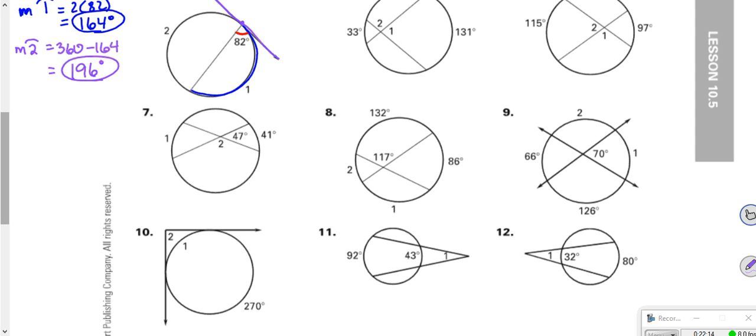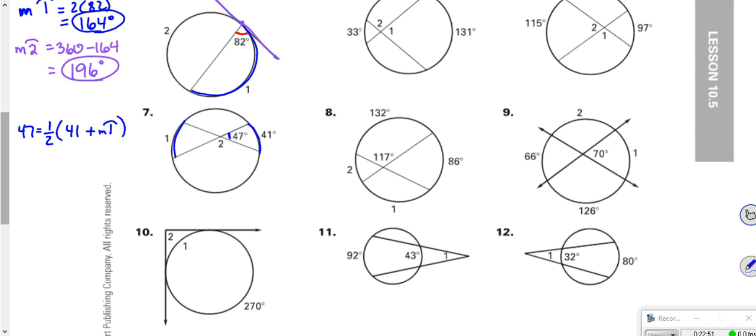So this arc and this arc added together divided by 2 equals this angle. Let me set that up. 47, they already gave us the angle measure, equals 1/2 the sum of those intercepted arcs: 41 plus the measure of arc 1.